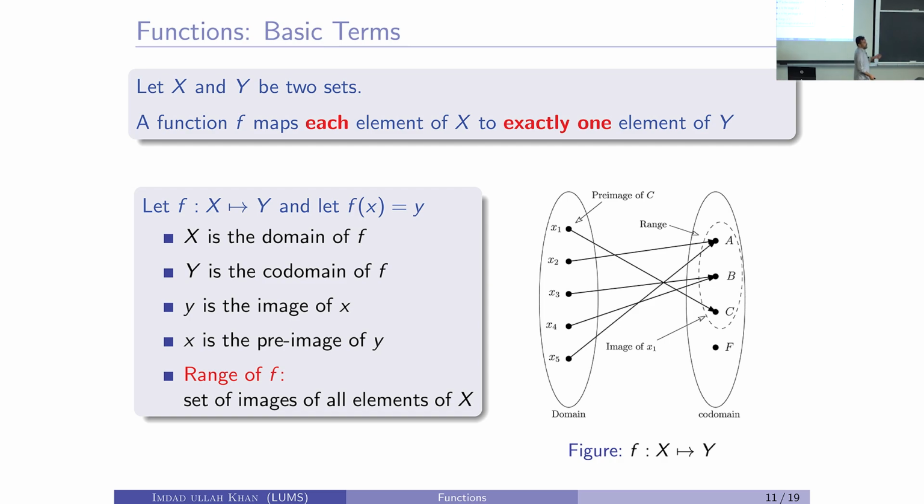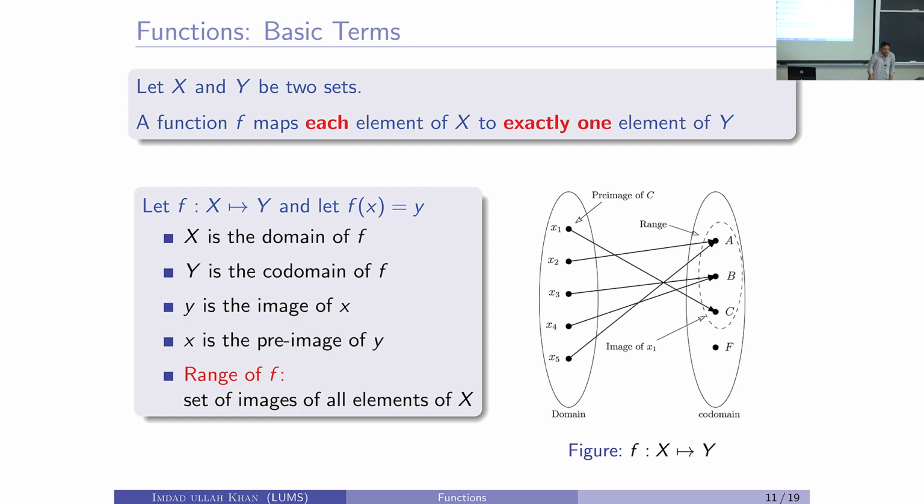A function would mean nobody gets two rooms, and it would also mean nobody sleeps on the street. Everybody gets exactly one room. It will also mean nobody gets a room in Gulberg, because it has to be in this set Y. It will also mean no non-LUMS student should get a room.